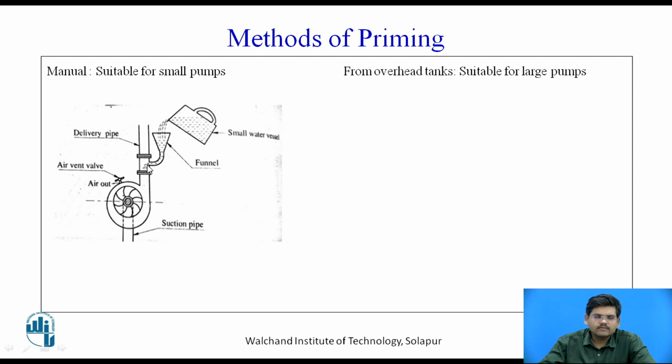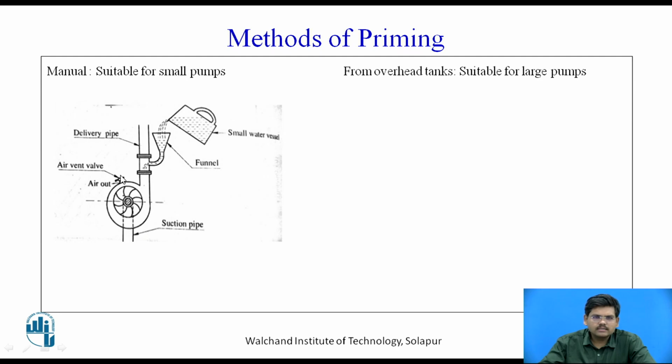At the delivery pipe, we have a funnel-like arrangement. This funnel is used to fill the desired fluid into the pump, the delivery pipe and the suction pipe. With a small container or a mug-like container, we pour water into this funnel and allow the water to flow into the delivery pipe, the casing and the suction.